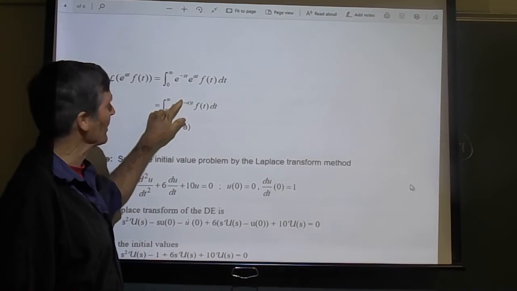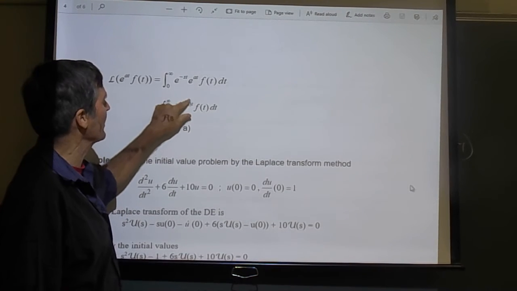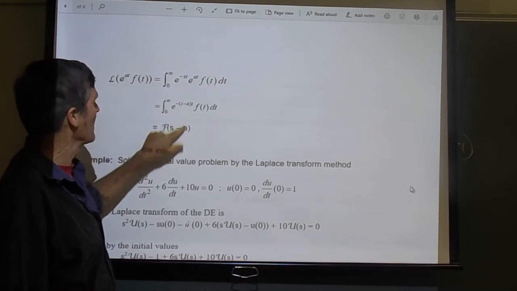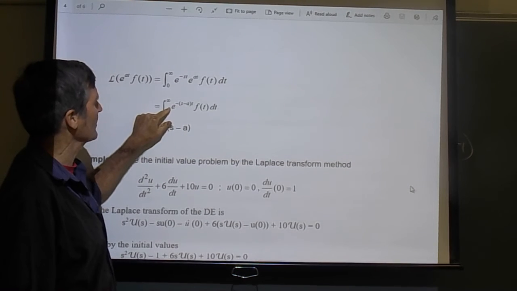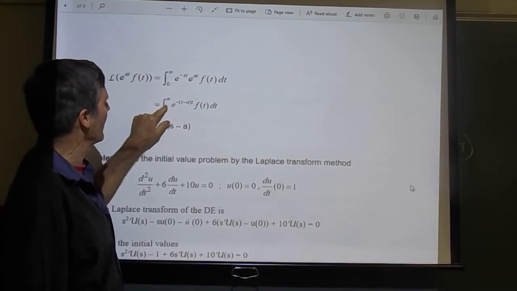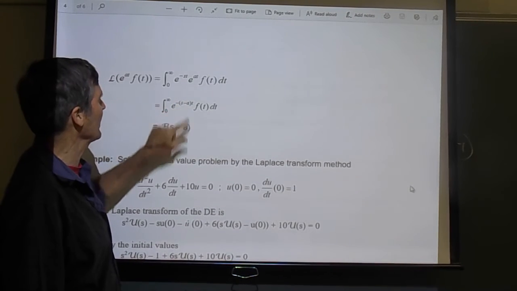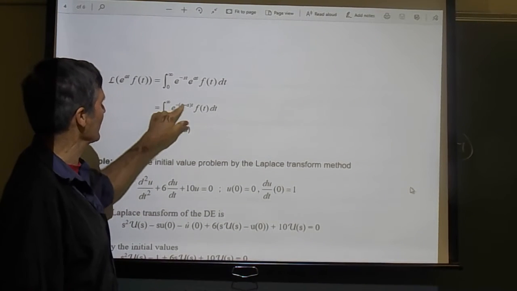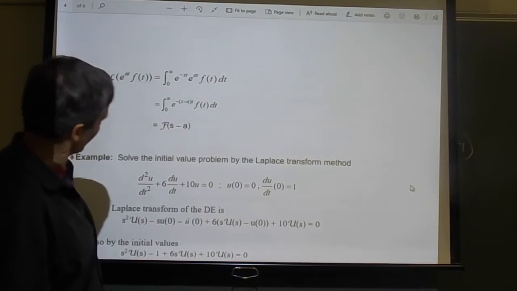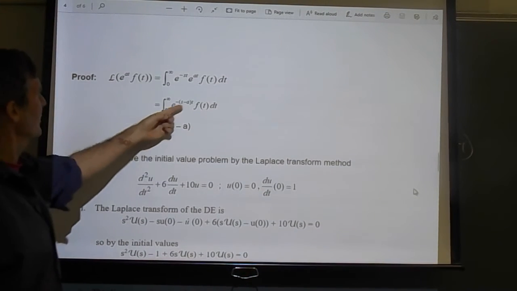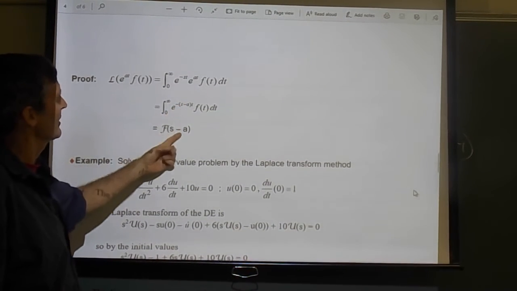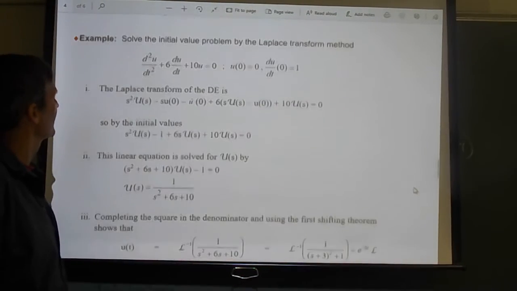This is the Laplace transform if you just call this s instead of s minus a, right? So if you call this Laplace transform F of z, this is the Laplace transform z, but z is just s minus a, and so this is just the Laplace transform where s minus a is the variable instead of just s.